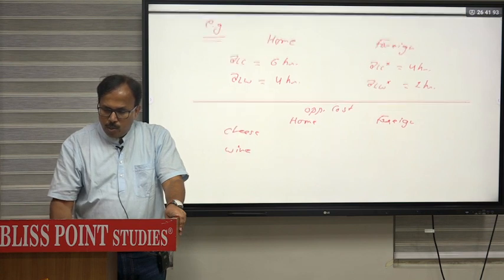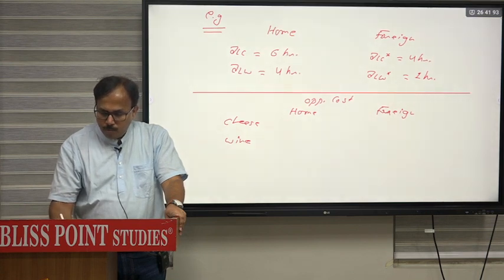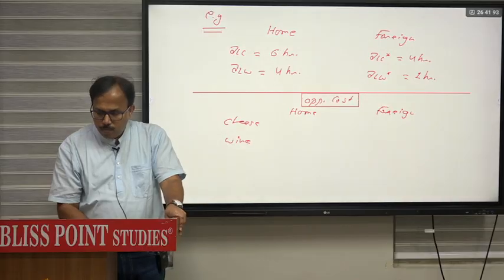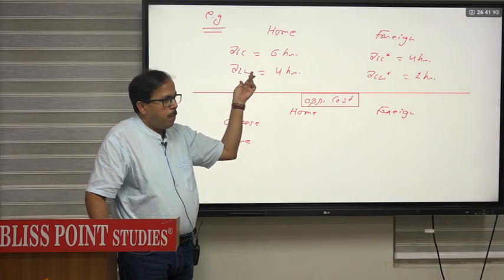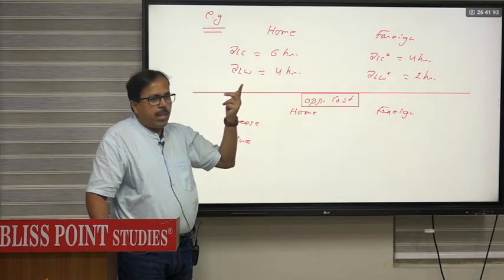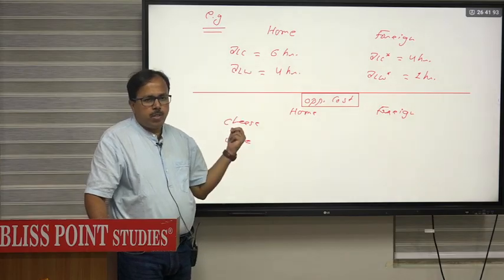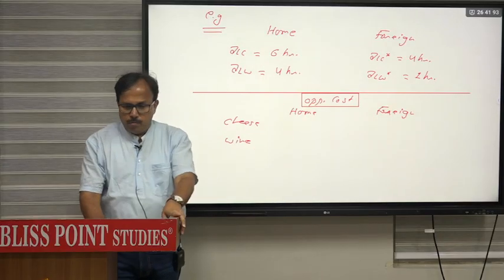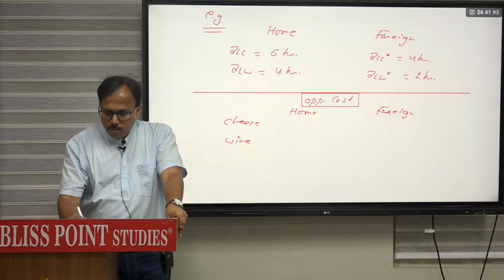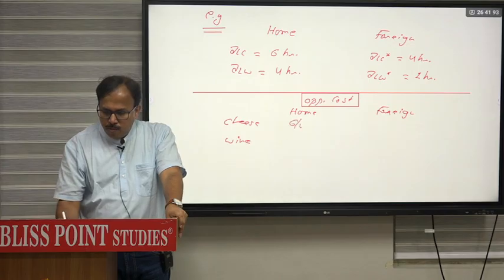So how to find opportunity cost? ALC by ALW. ALC by ALW करेंगे तो किसका opportunity cost आएगा? चीज का आ जाएगा, 6/4, right here.